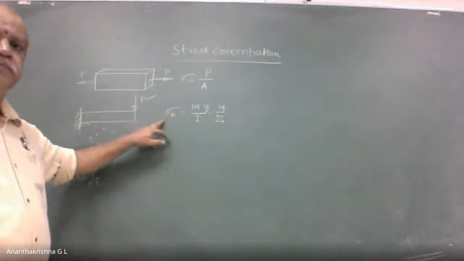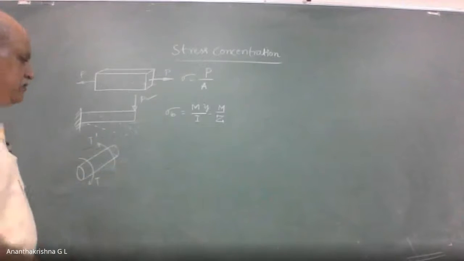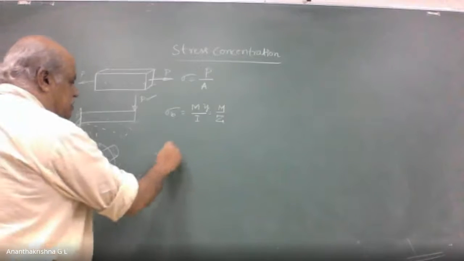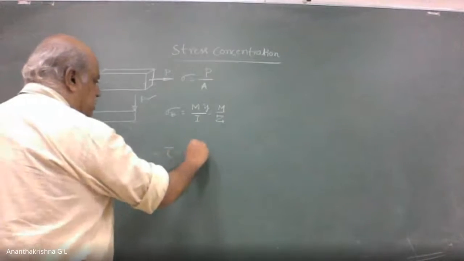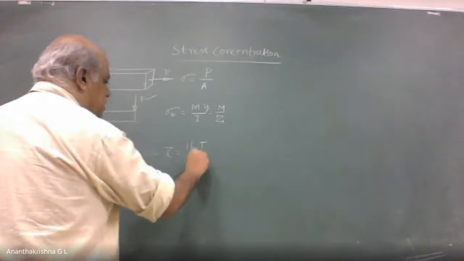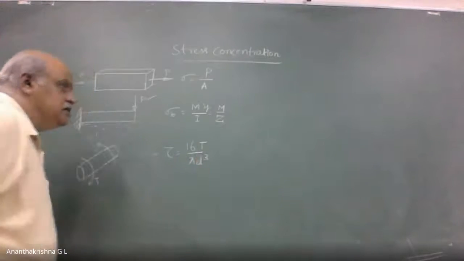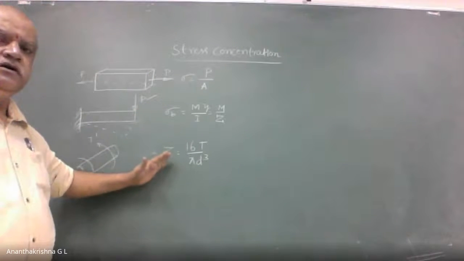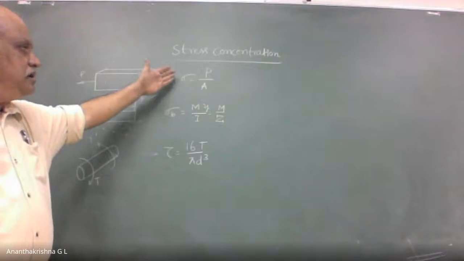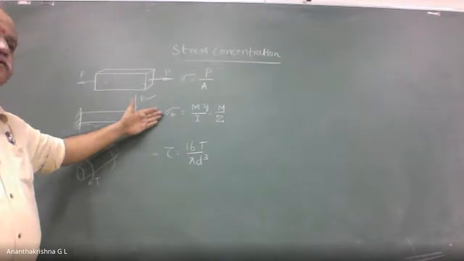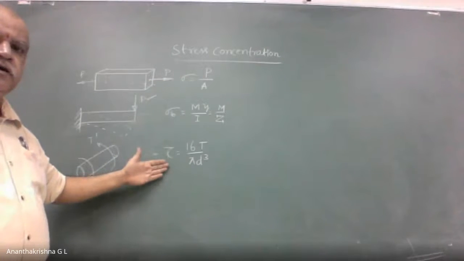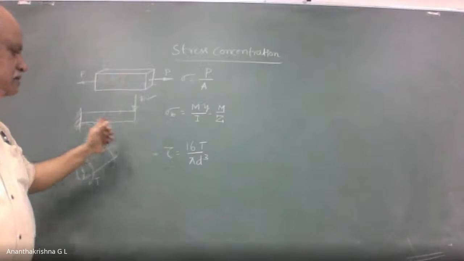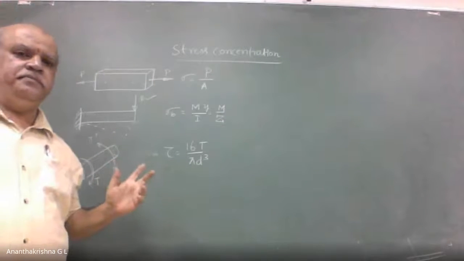And then if a member is subjected to torsion or torque, we found the shear stress given by 16T by pi d cubed. This is how we have been using fundamental equations for finding the axial stress, bending stress, and shear stress when members are subjected to axial load, transverse load, and torque.